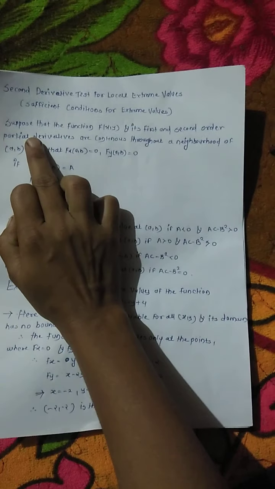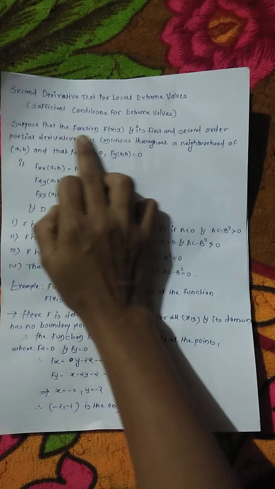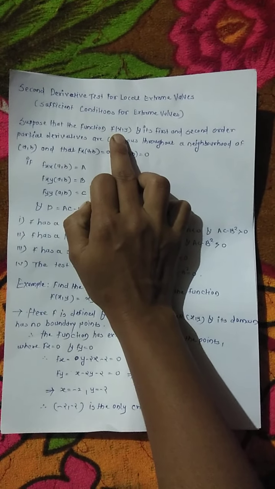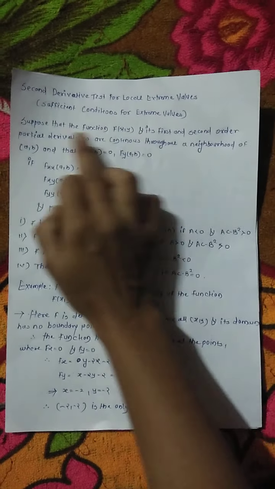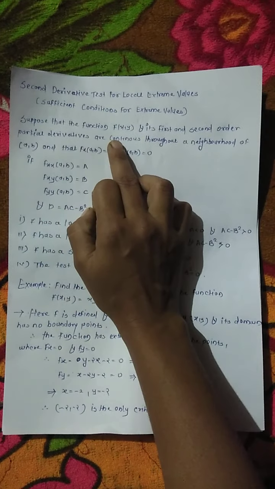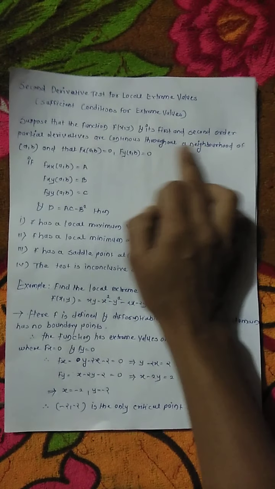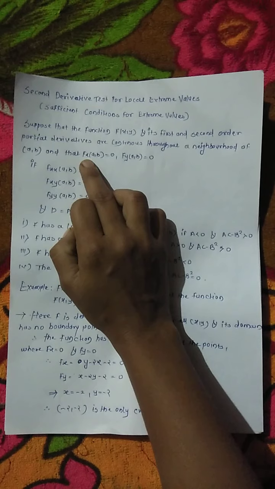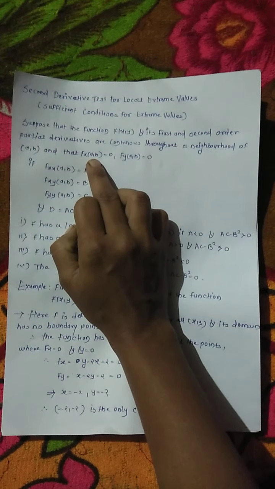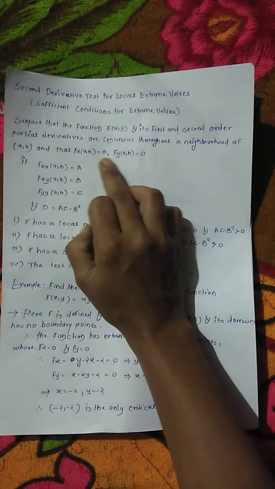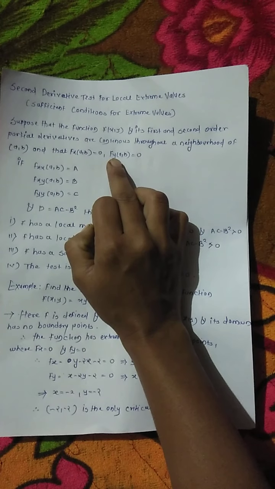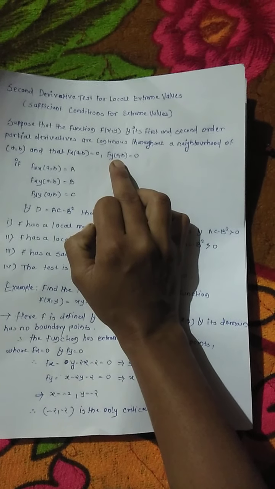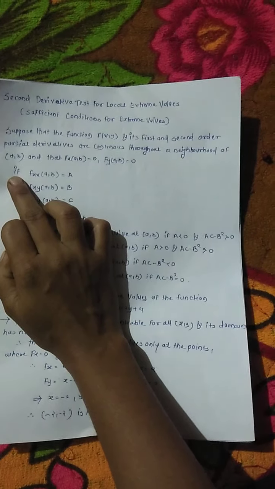Let us see. Suppose that the function f of x, y and its first and second order partial derivatives are continuous throughout a neighborhood of the point (a, b), and the partial derivative with respect to x at (a, b) is equal to 0, and the partial derivative with respect to y at (a, b) is equal to 0.